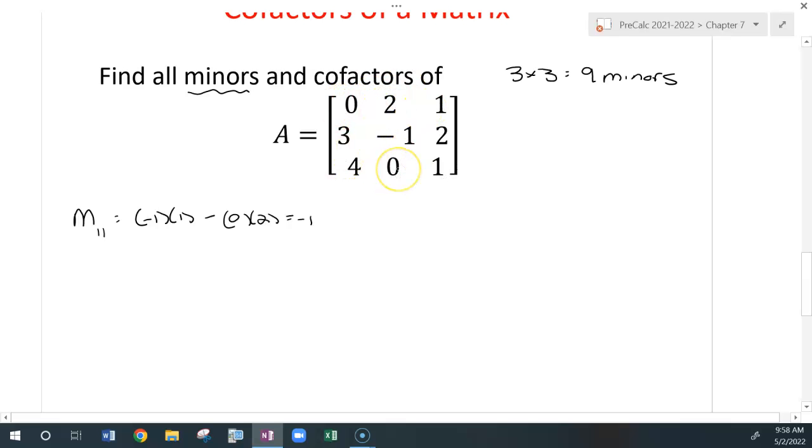Now, let's do this one. So we're going to do M21. So I block out the second row in the first column. And I'm going to do 2 times 1 minus 0 times 1, and I get a 2.